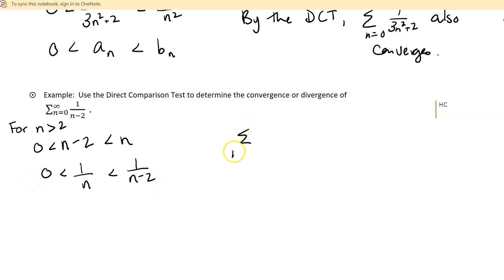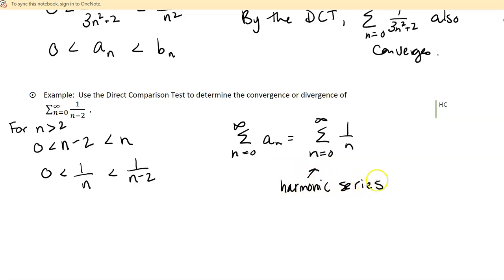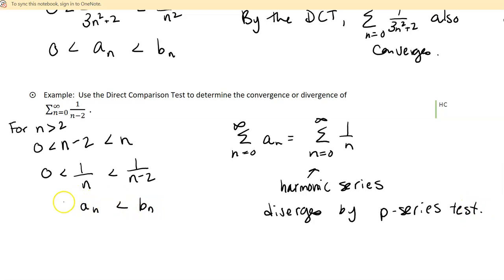So my series from n equals 0 to infinity of a sub n is going to be the series from 0 to infinity of 1 over n. And this is the harmonic series that we talked about in the previous section. And this diverges by the p-series test. P is equal to 1. So with this one, this would be my a sub n, this would be my b sub n.